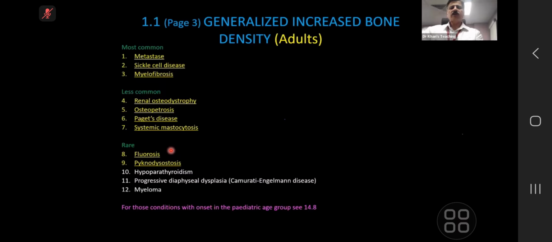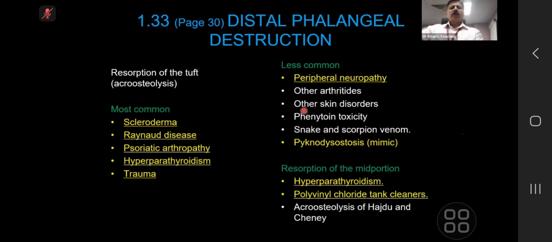But please remember, a patient who has pycnodysostosis as a child will become an adult, right? So these conditions which have onset in the pediatric group might ultimately be seen in the adult age group also. Another differential diagnosis in your book is distal phalangeal destruction, and out of the less common causes, pycnodysostosis is given there.